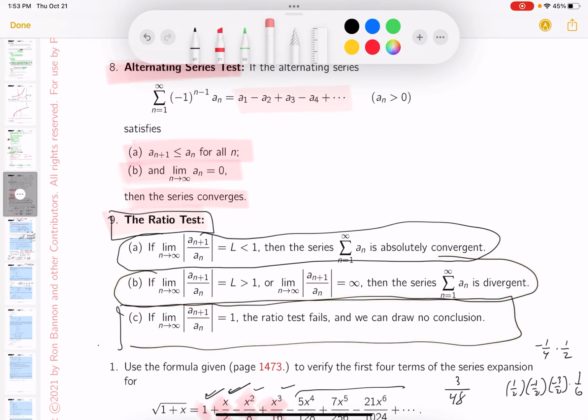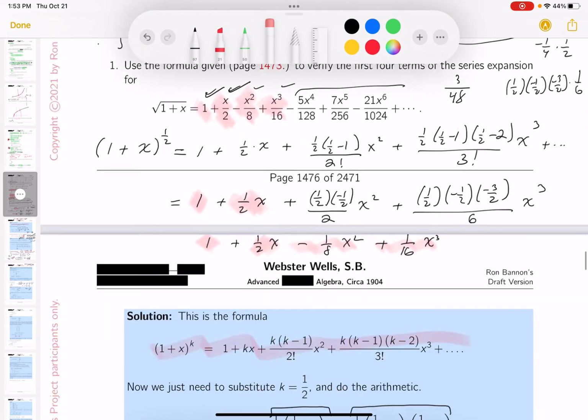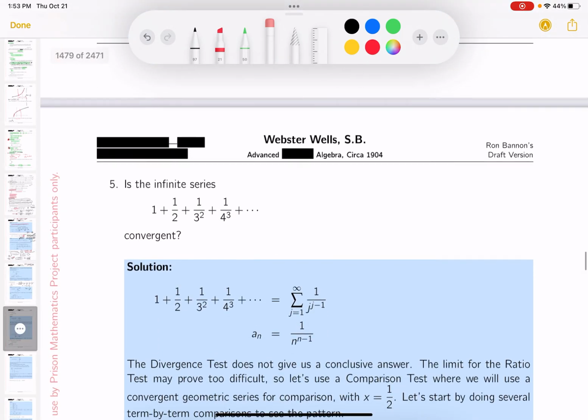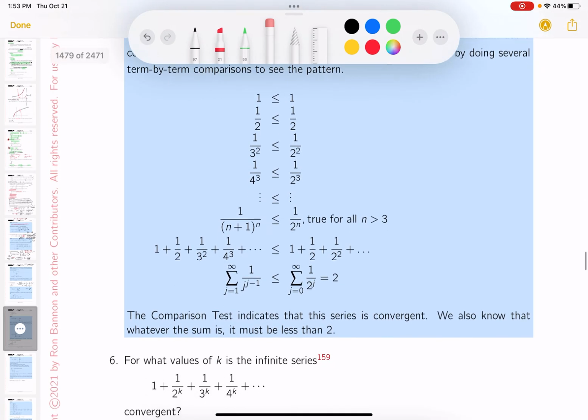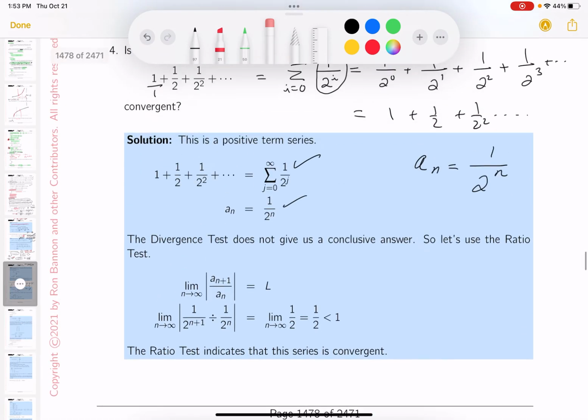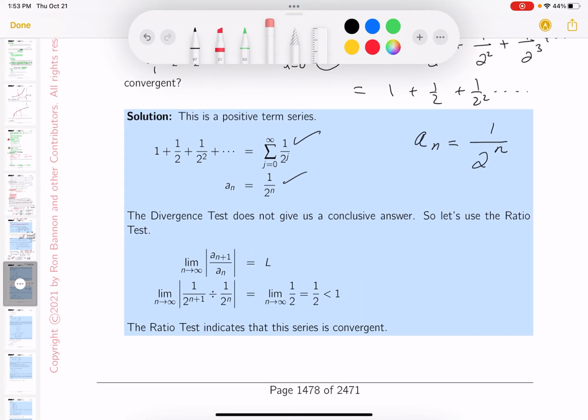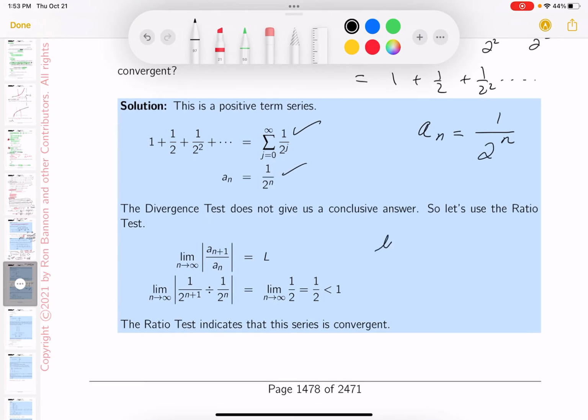You can do other things, but I like the ratio test. It kind of reminds me of a geometric series, which would be the most fundamental problem to understand from these problems over here. So, the ratio test, I'll write it down for you. It's a limit problem. Limit, and n goes to infinity.